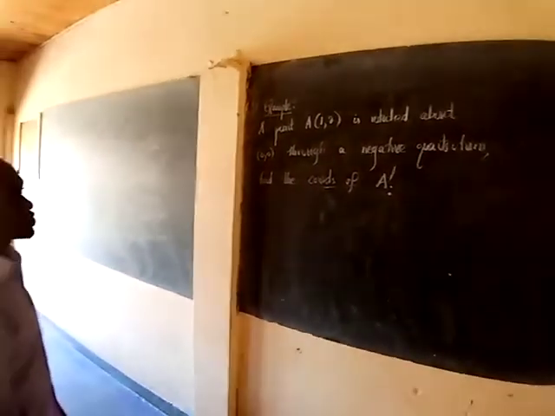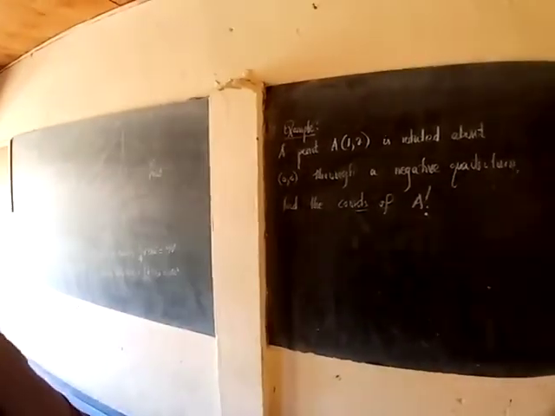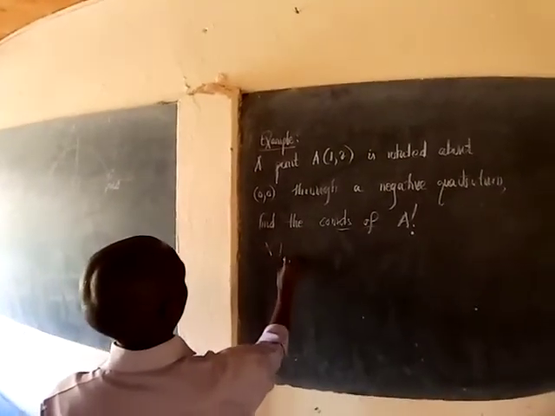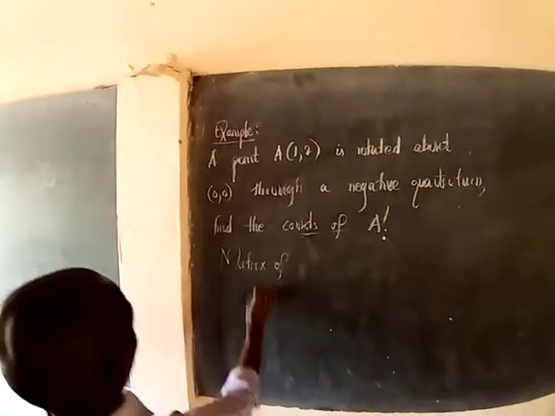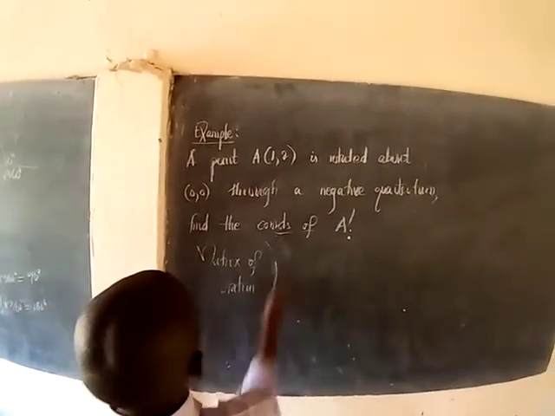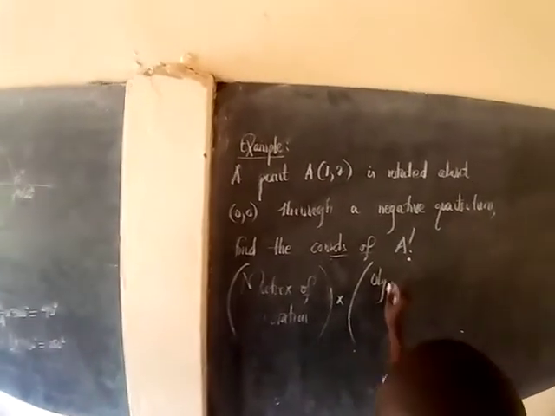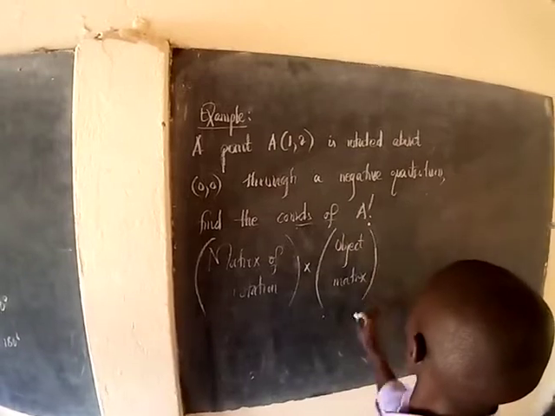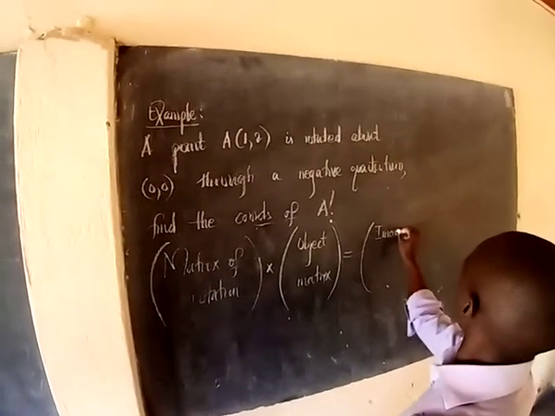Remember, we are under special matrices of transformation. We will still say that the matrix of rotation times the object matrix gives us the image matrix.